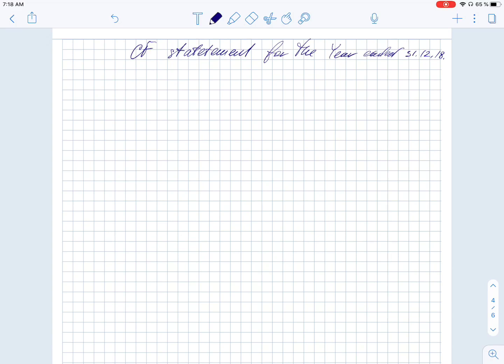So the name of the company is Graham Limited. And the currency we use is pounds in thousands. So once we state the currency, we can just write numbers without stipulating one more time the currency or the size of the amounts.